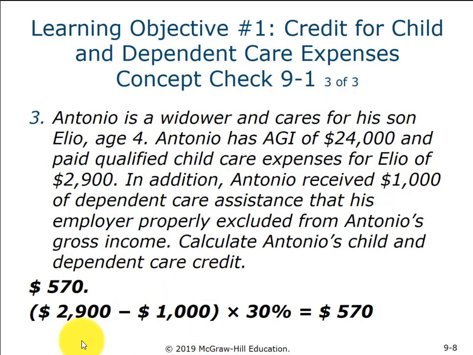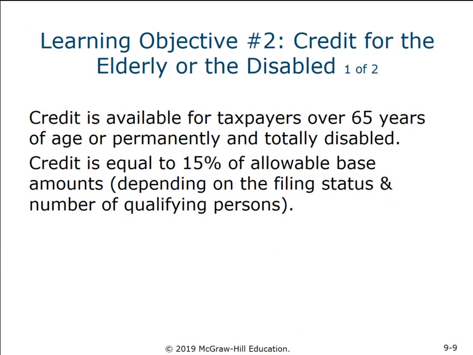Remember, we use the lowest, and that's the $1,900 times 30% based on AGI, which is $570. That's his credit for this situation. The other thing to think about with the child dependent care credit is it's not available for anyone married filing separately.